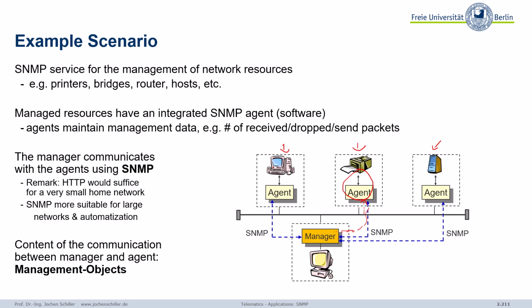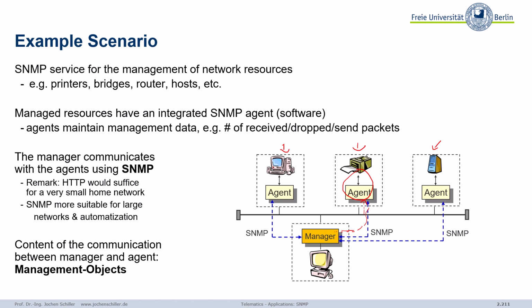And logging onto a server, printer, whatever device with the help of HTTP, so your browser, this is fine for your printer at home. Then you have a nice web page and you can manipulate everything. Great. But imagine a normal university campus network with 10,000 and more devices. No one logs into these devices using web browsers.